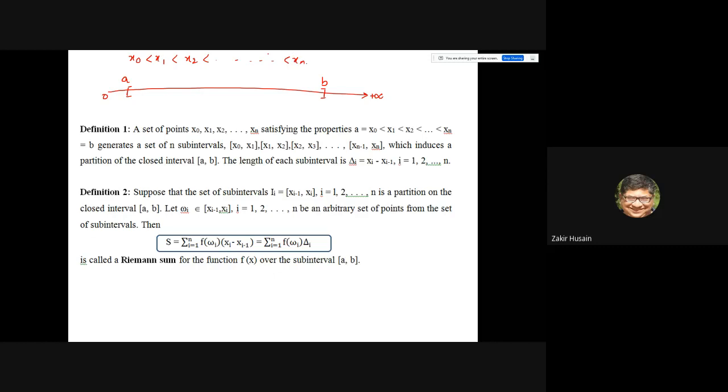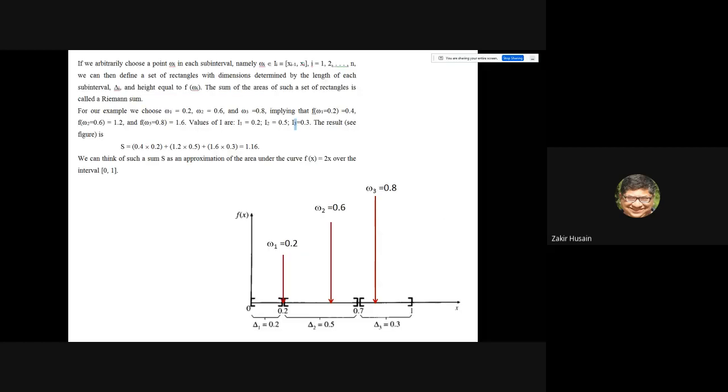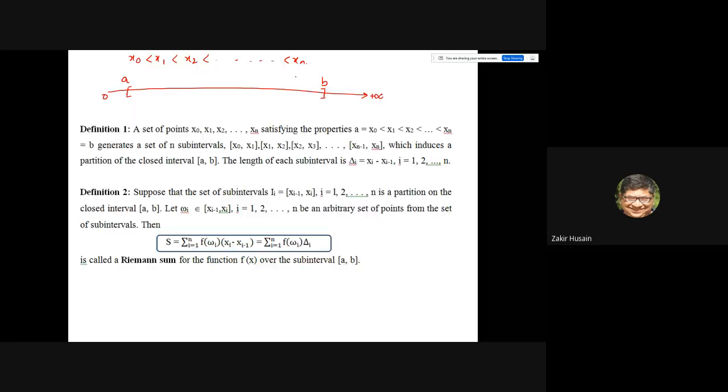Okay, so x0 is the lowest, then x1 is higher, x2 is even higher, right? And the highest number is xn. Okay, now x0 is A, xn is B. Okay, so x1 will be somewhere over here, x2 will be over here, x3 will be over here, and we go up till xn minus 1.